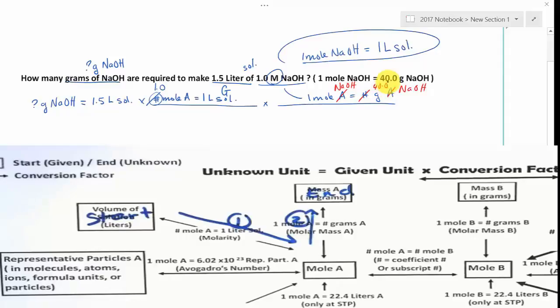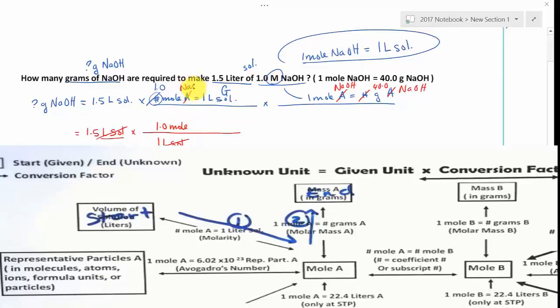Now let's rewrite this as a fraction, okay? So 1.5 liters of solution times. See that right there? Which part is going to be on the bottom? Of course, it has to be the same as that part. So we have 1 liter of solution on the bottom. They cancel each other out, right? And the top part would be the leftover of this conversion factor, which is 1 mole of A. What is A in this case?